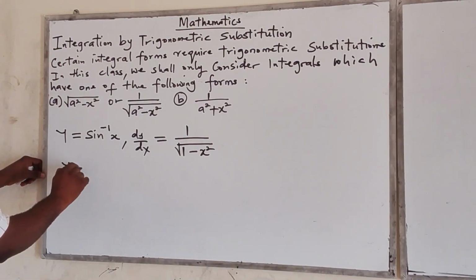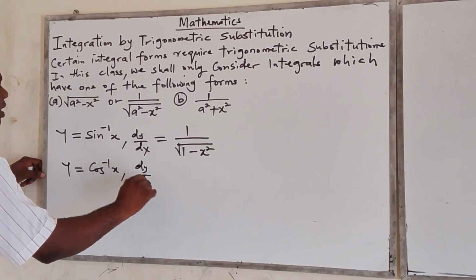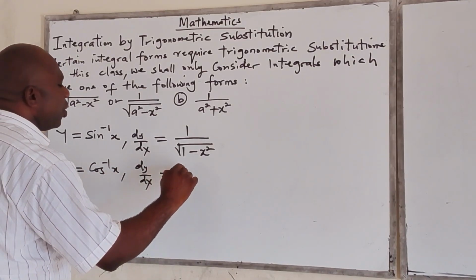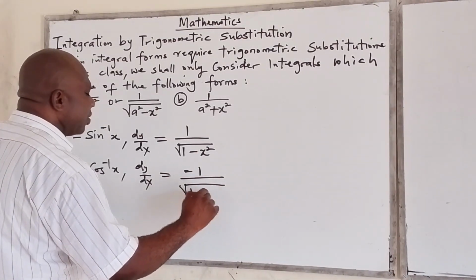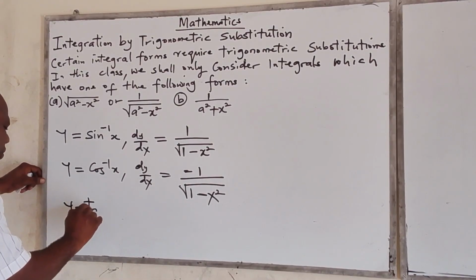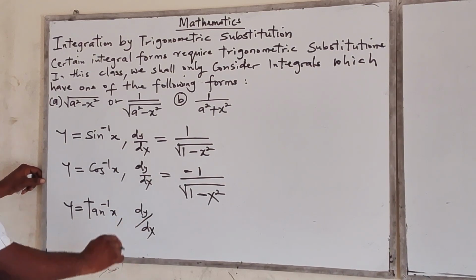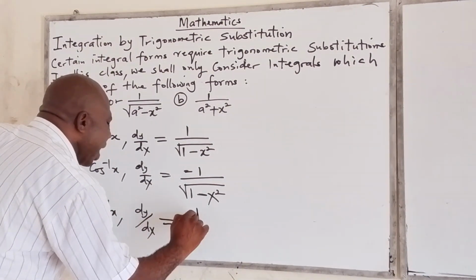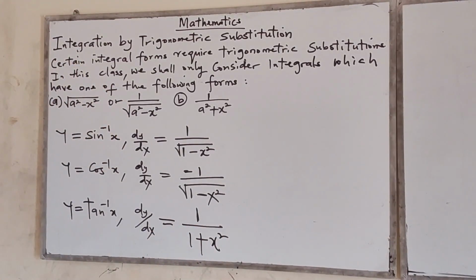And we said if y is equal to the cos inverse of x, that dy/dx will be equal to minus 1 all over the square root of 1 minus x squared. And if y is equal to tan inverse of x, dy/dx will be equal to 1 all over 1 plus x squared. Now, these are the standard derivatives of these three inverse functions.